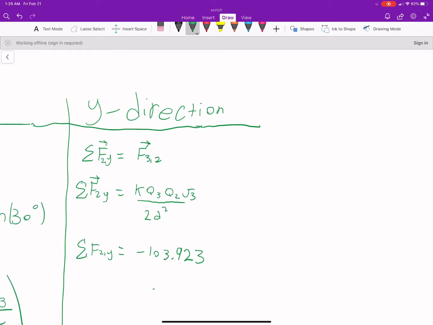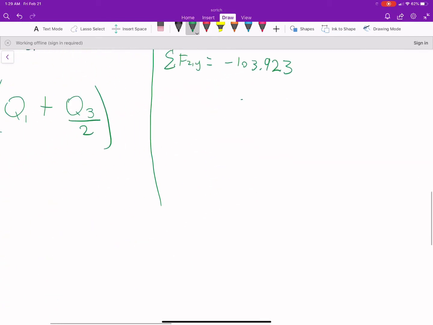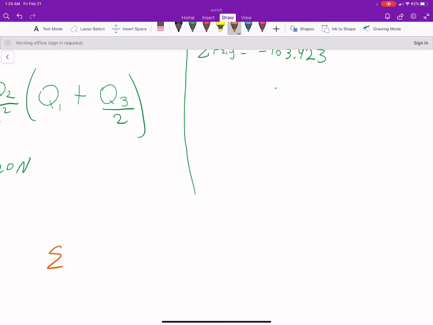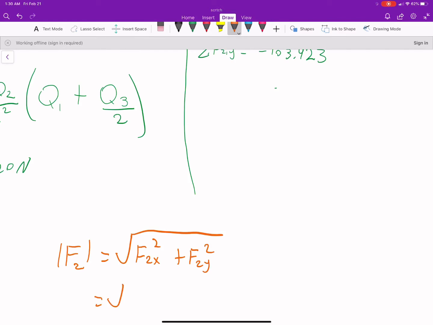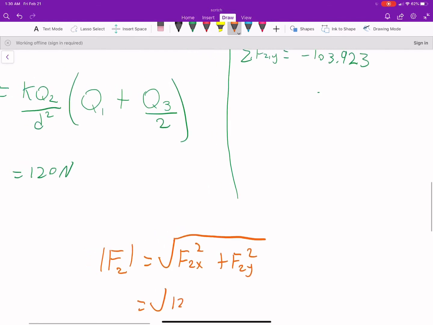And just like before, we'll say that the sum of all forces, the net force, we'll do this. The magnitude of the force on 2 is going to be the square root of F2x squared plus F2y squared, which is the square root of about 120 squared plus, it'll be a positive, 103.923 squared.